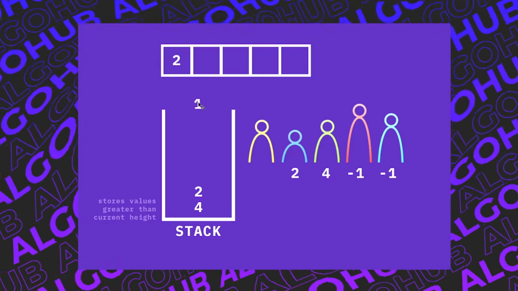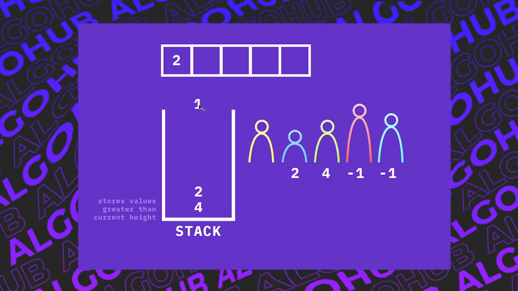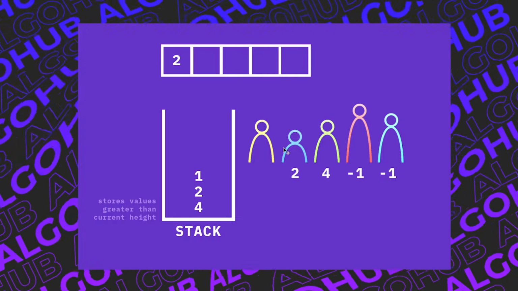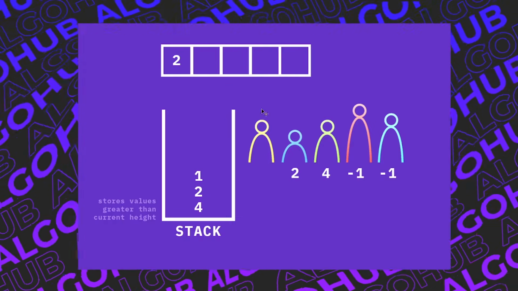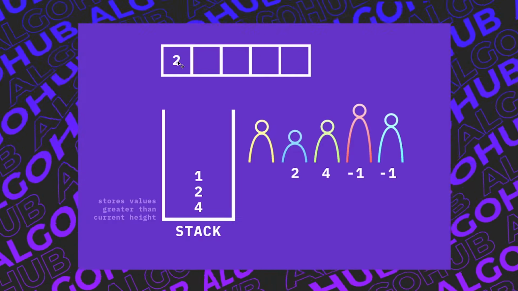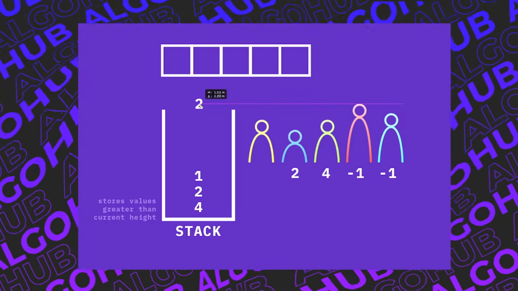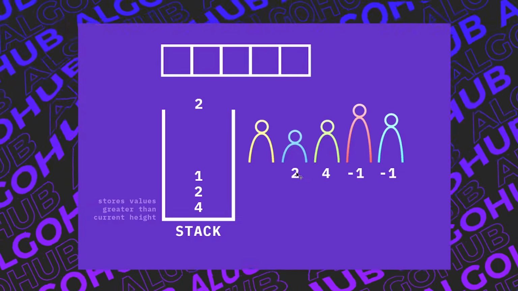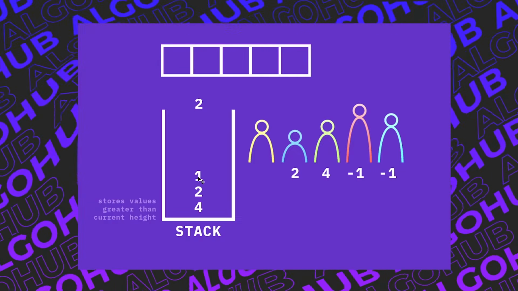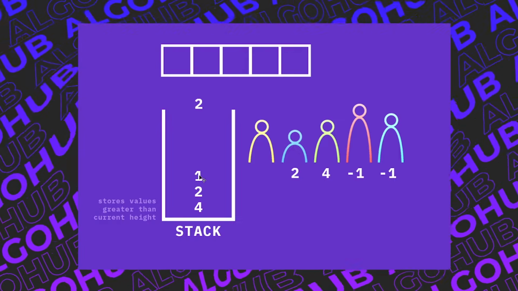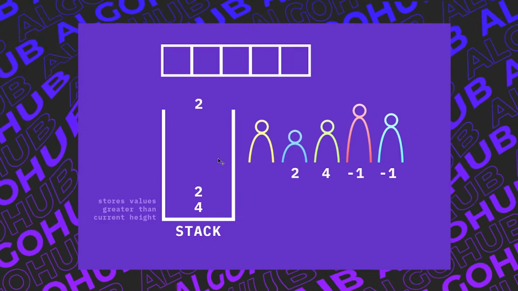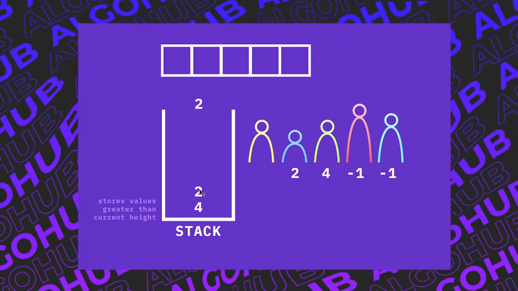And we maintain our invariant, which is just going to be decreasing, so we can just put the 1 into our monotonic stack. And finally, let's deal with this yellow person here, which is of height 2. We want to put this into our stack, but we want to find the first person that's strictly greater than this 2, right? So we want to maintain the invariant. So we take out the 1, okay, but this is still not strictly decreasing.